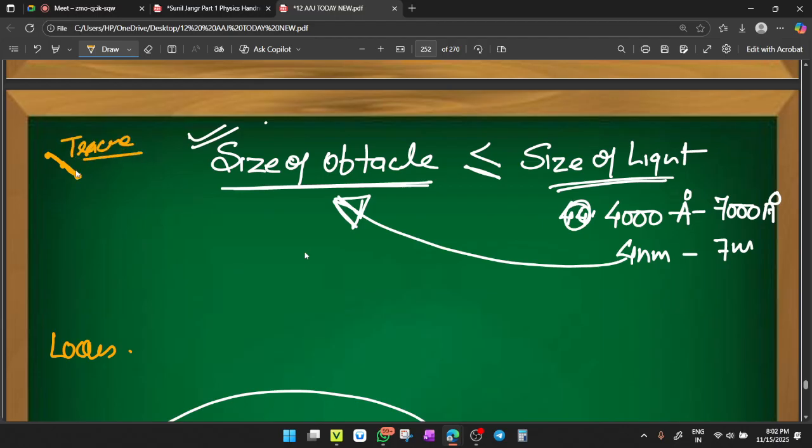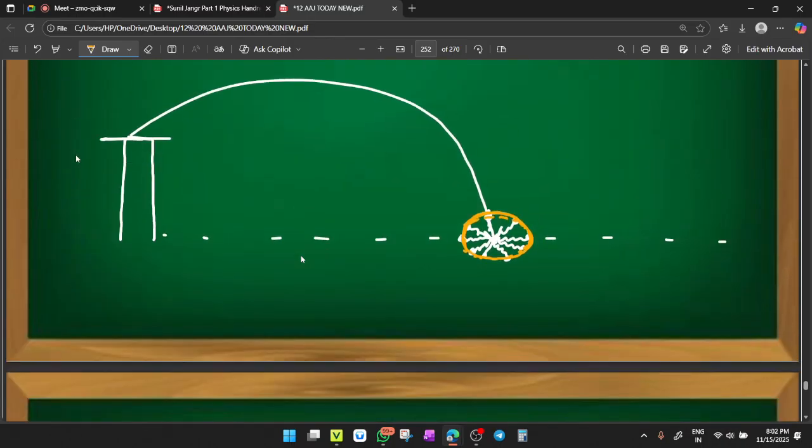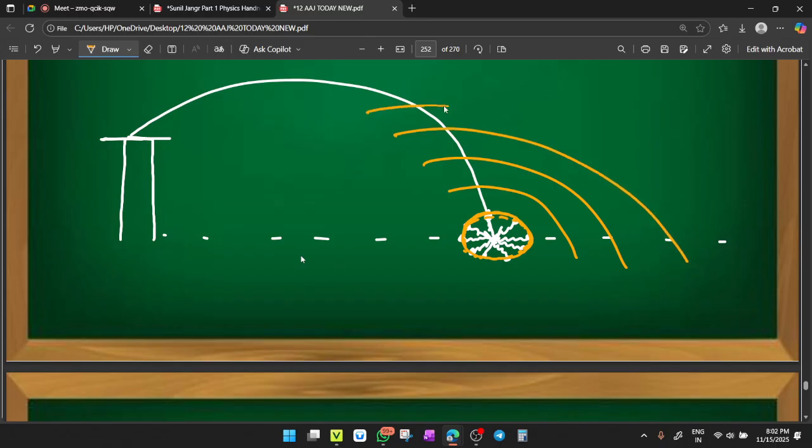This curve in which particles are moving is called locus. Clear or not clear? So this is a locus, and in the same way, this disturbance is continuously moving in that medium.